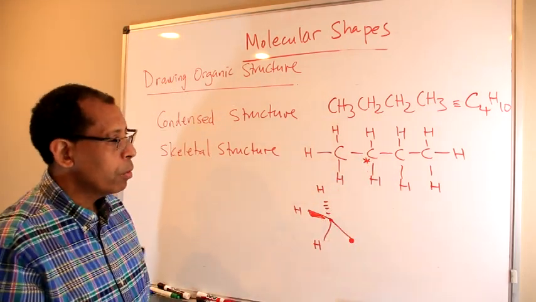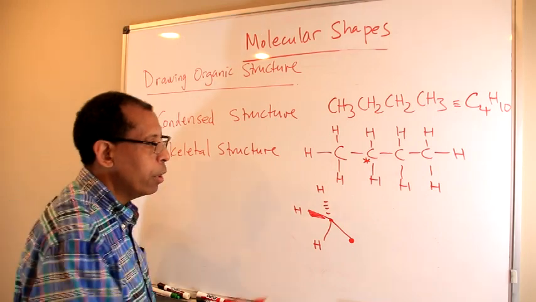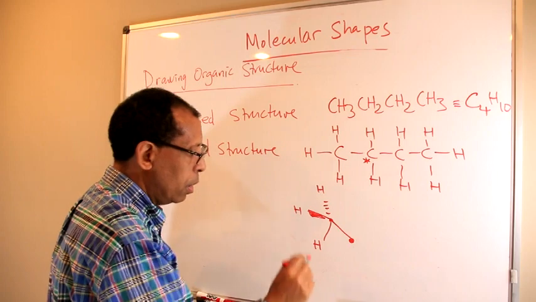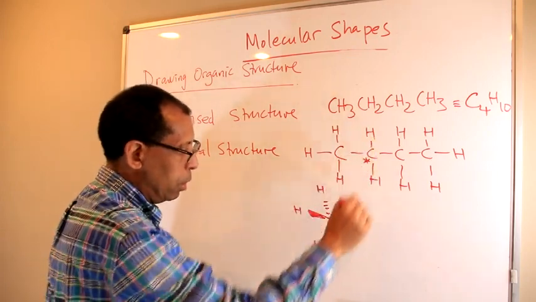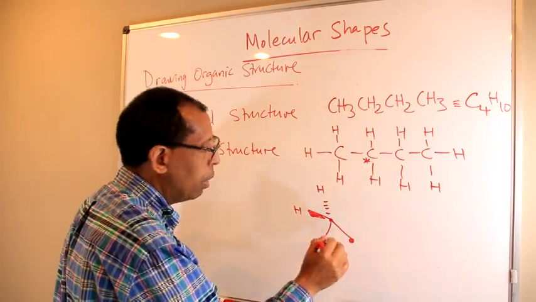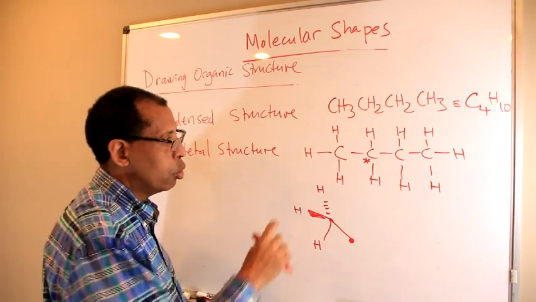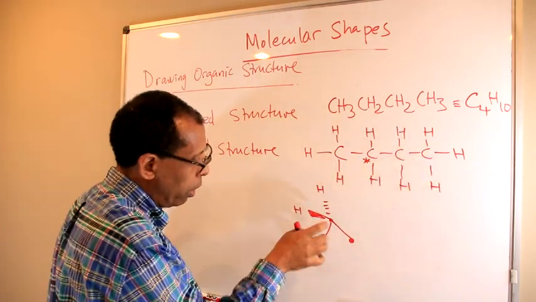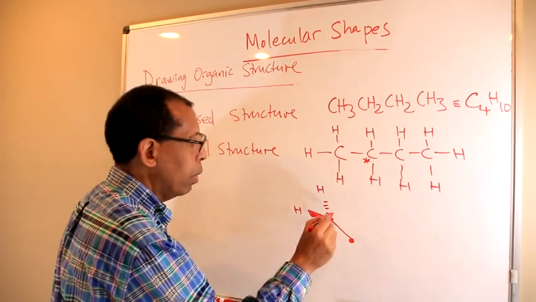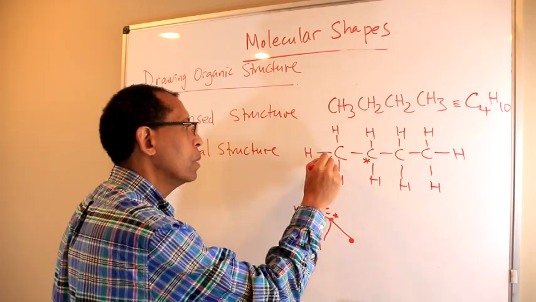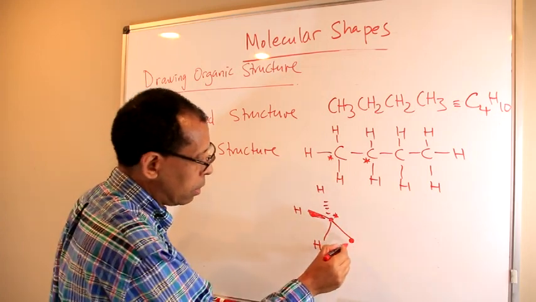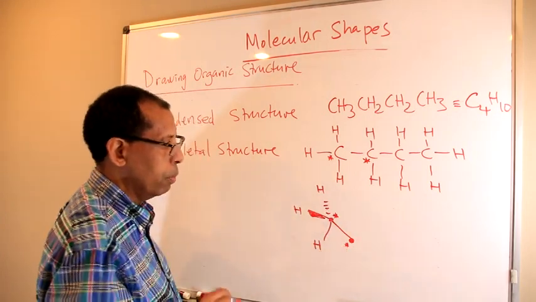How many hydrogens do we have? 2 hydrogens, and the rest would be a substituent. So the 2 hydrogens can be displayed now. What I decided to make is all the carbons on the plane of the board. That's why I would say this carbon is on the plane of the board, the next carbon is on the plane of the board.